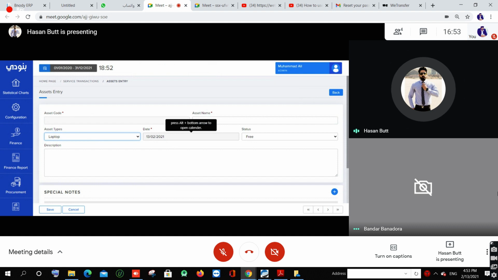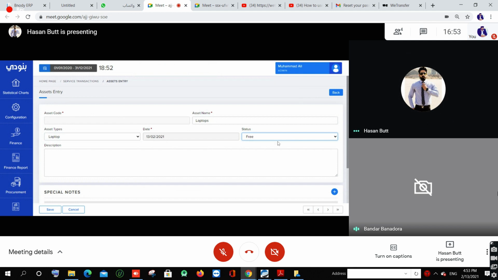This is the date on which you are going to create this document of the asset entry. This is the status, because this is free. Free means that they are not occupied by any employee, right? Because we are going to enter it. Before entering, this is free. Free means no one has occupied this.